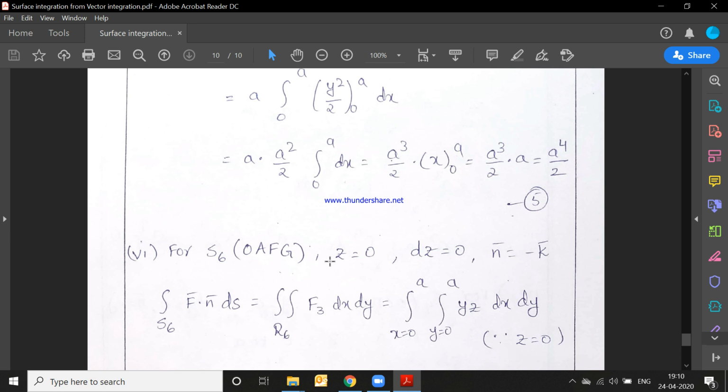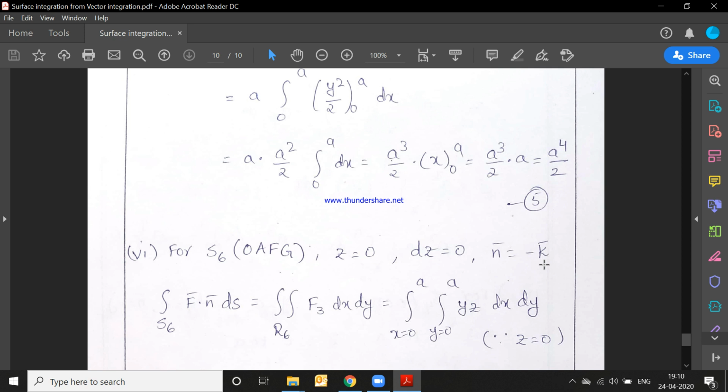And the sixth surface is the opposite side of the fifth surface, that is OAFG from the figure, which means the down surface of the cube. The down surface is at z is equal to 0, so that's why dz is equal to 0, and n bar is equal to minus k bar. Because if you draw an outward normal, it is opposite to the z direction, so it is minus k bar.